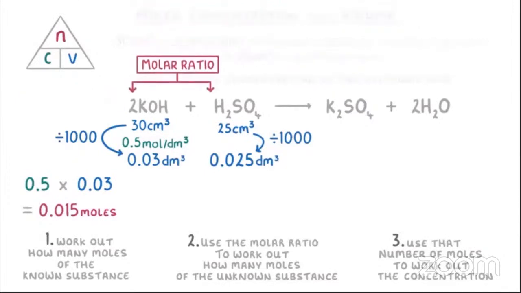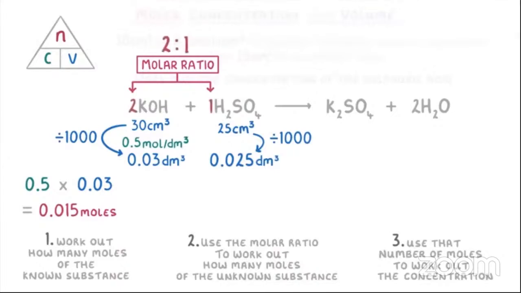Then for our second step, we need to find the molar ratio between potassium hydroxide and sulfuric acid, which we can do by looking at the numbers in front of each of them. And remember that if there isn't a number before the substance, like for the sulfuric acid, then we just read it as a 1.